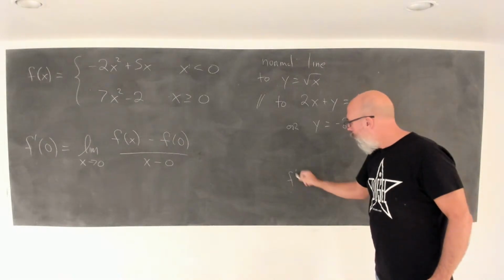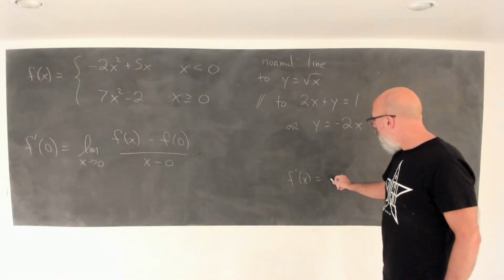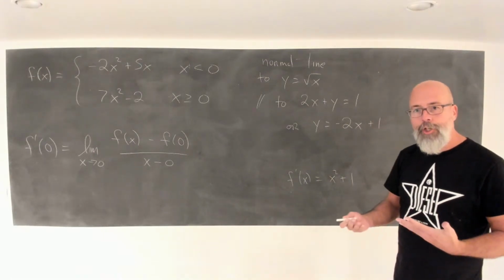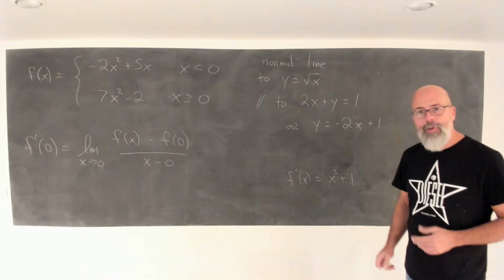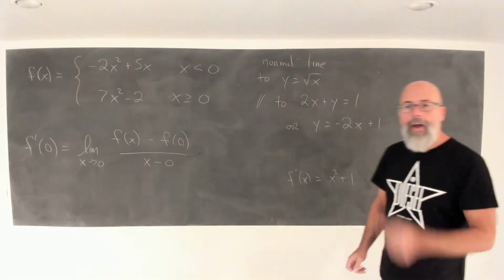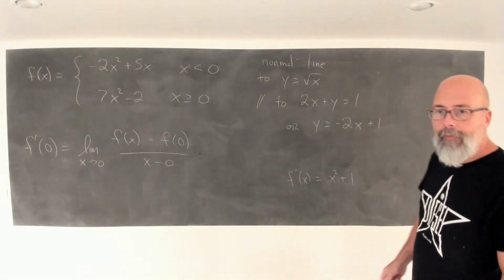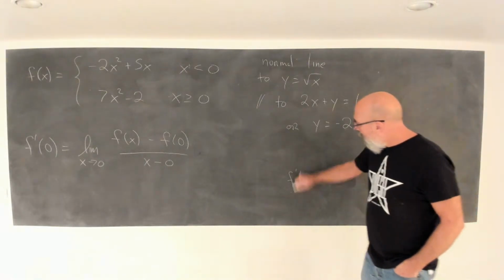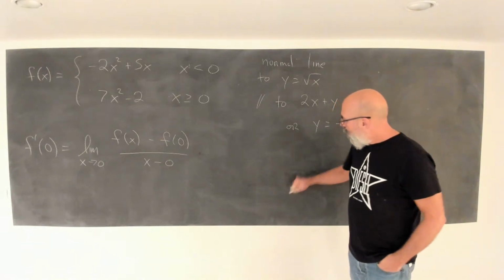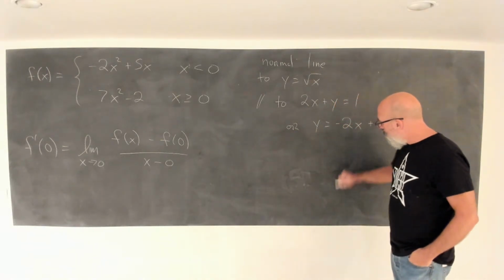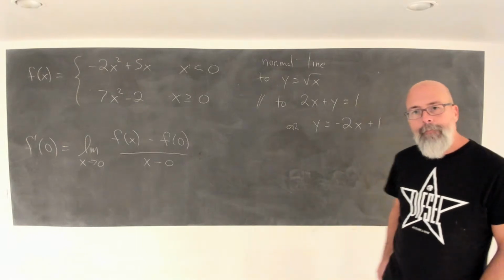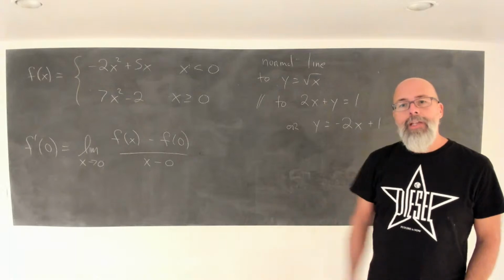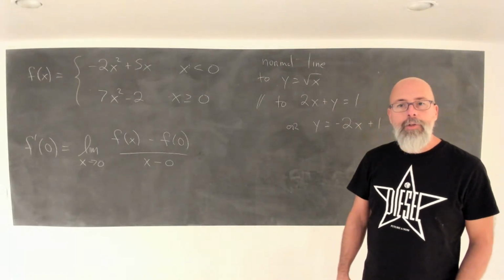If they give you the derivative, like x squared plus 1, you ask the question, what function has this as its derivative? And try to work backwards. In simple cases, it's relatively easy to do.